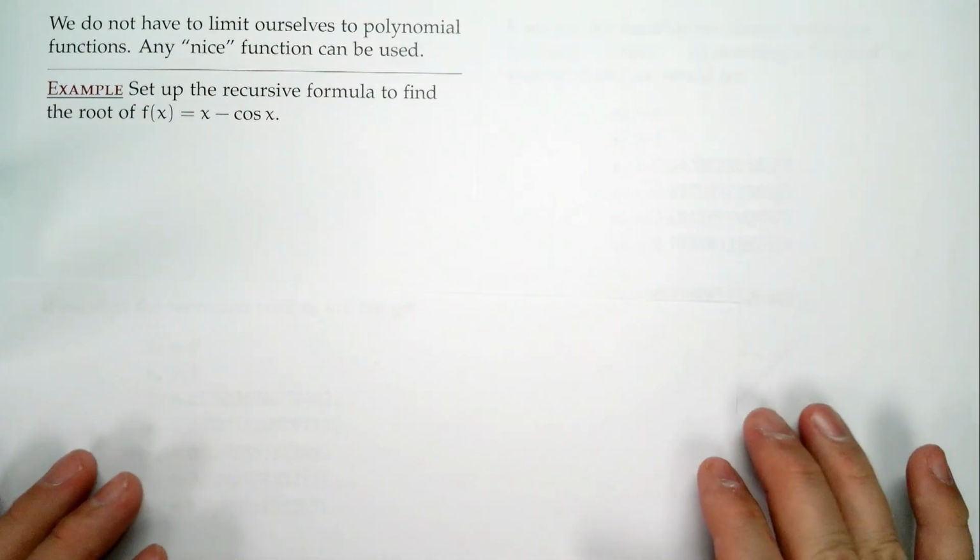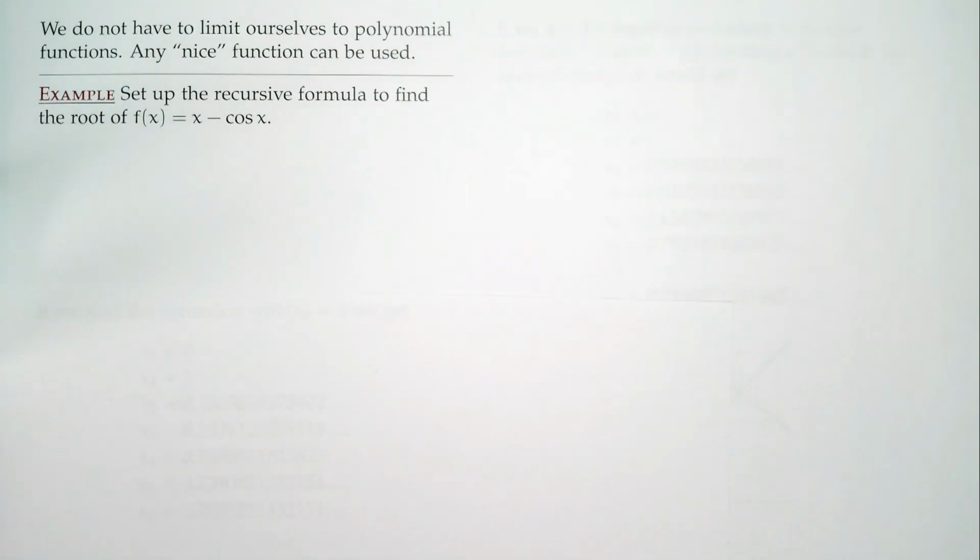Now, one more thing to talk about. Almost all of the examples we've been looking at are really of a particular type, namely polynomial. So you might say, okay, this is all about polynomials. But it doesn't have to be. The reason we like polynomials is that they're very easy to work with.